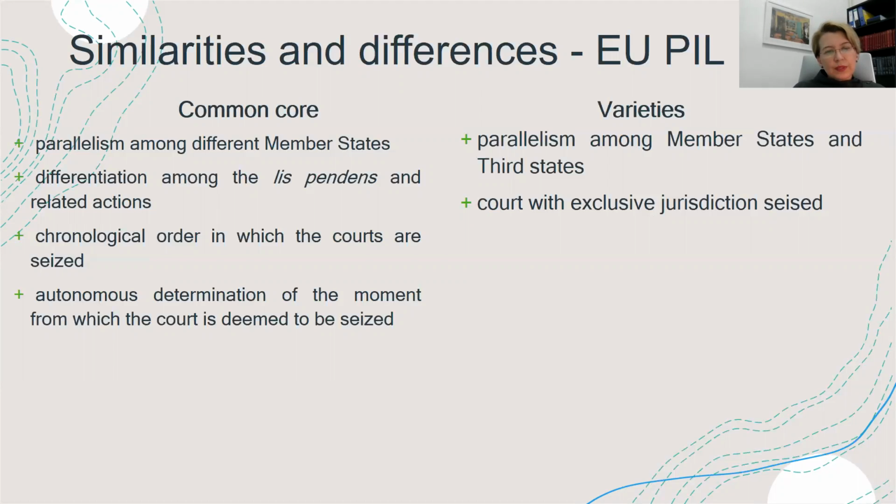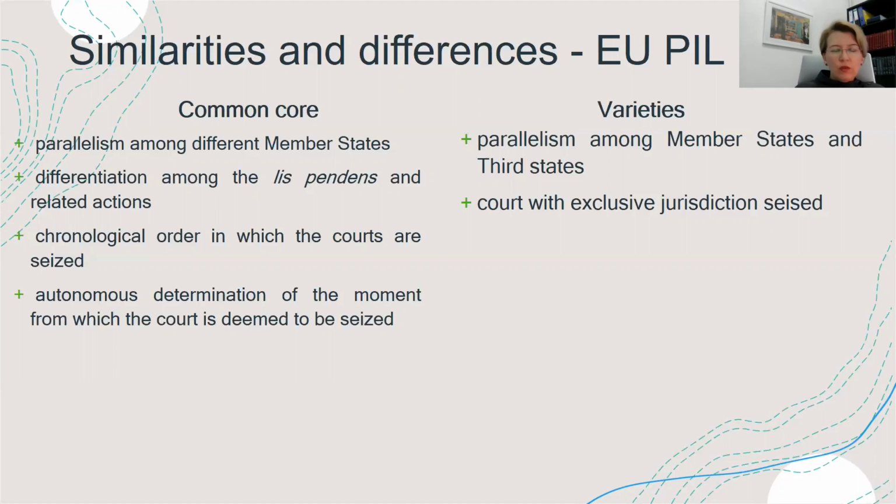The basic rule says that once the court is seized and declares itself competent, courts of other member states must dismiss any subsequent application. Any court seized must, on its own motion, question its jurisdiction.